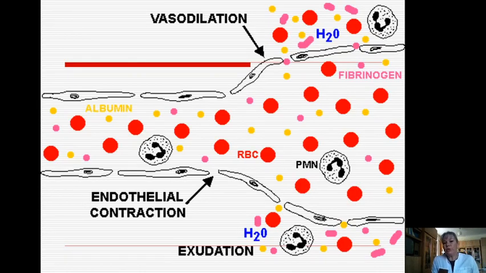In this picture, you can see a normal vessel on the left side and a vessel due to inflammation in the inflammatory zone. We can see hyperemia, arterial hyperemia, increased vessel wall permeability, and migration of water, proteins, and inflammatory cells into the tissues from the vessel volume.